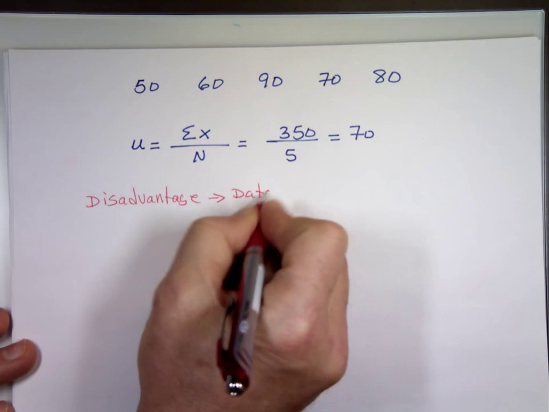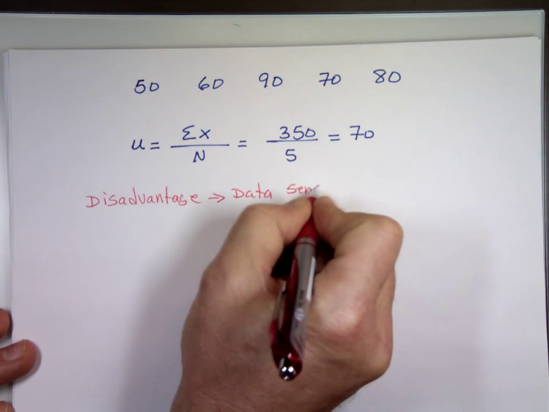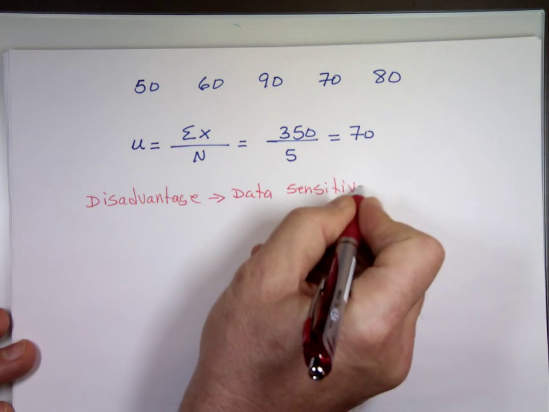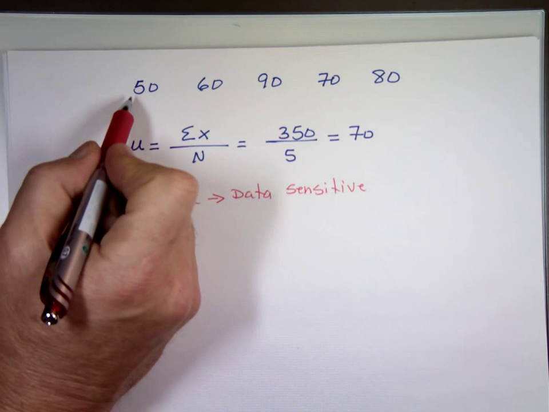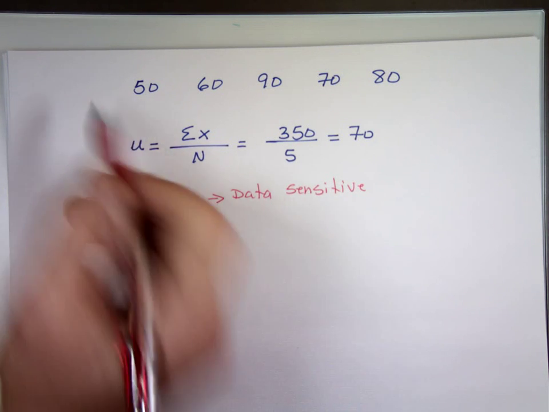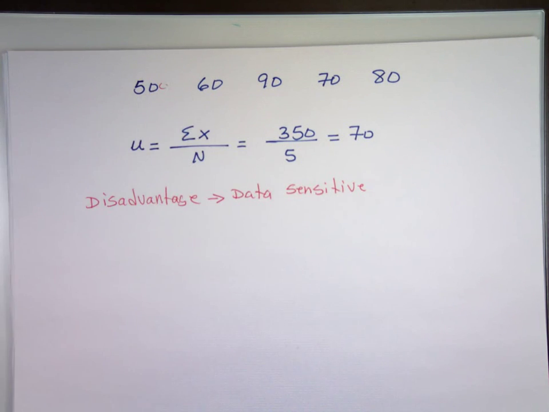What does that mean? If one number is crazy, an outlier, it's going to affect my result. If by mistake I go to enter the score for this person of 50, and by mistake I hit 500, when I tell Excel to calculate the average, guess what the average is going to be?